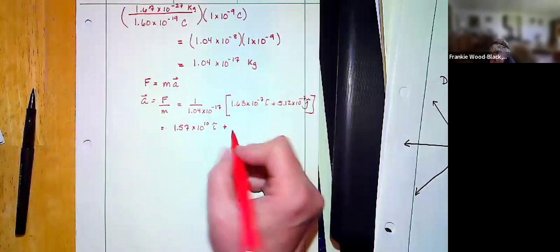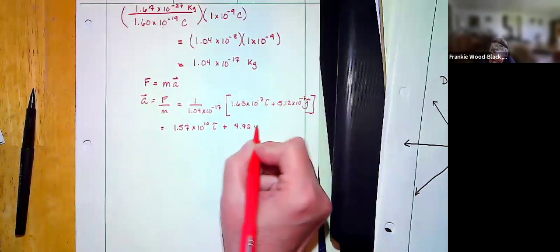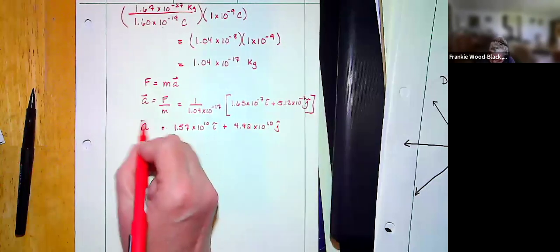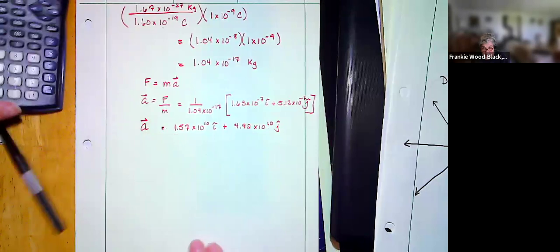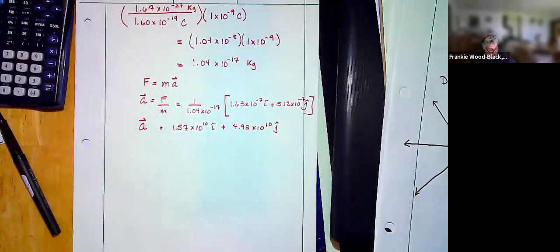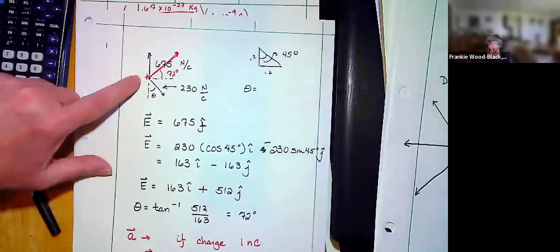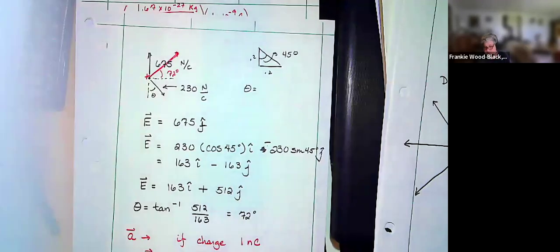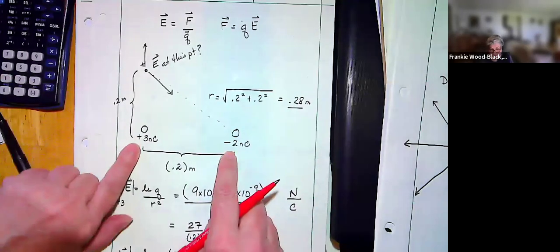Gives you 4.92 times 10 to the 10th in the J direction. And that's the acceleration that would be experienced by a 1 nanocoulomb charge at that point based on the two charges that we have set up here.